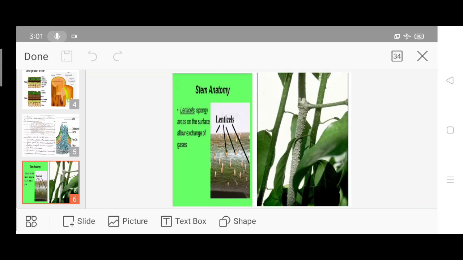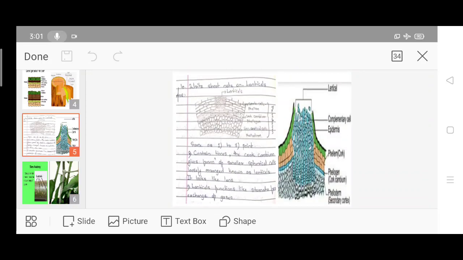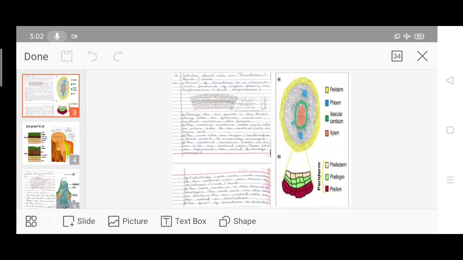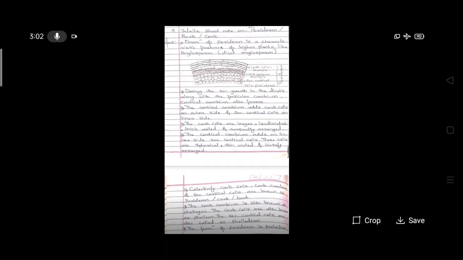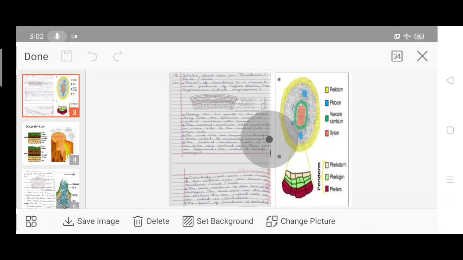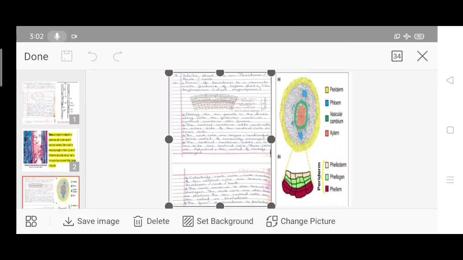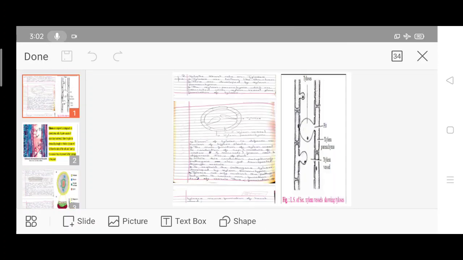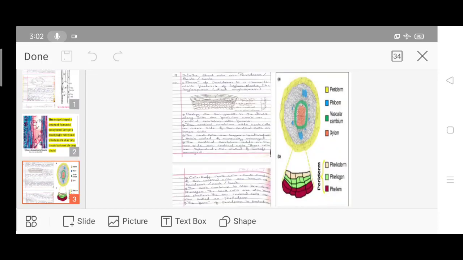Some whitish spots you observe on plants are nothing but the lenticels.